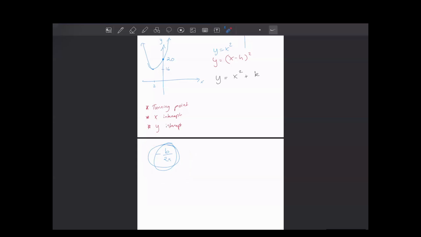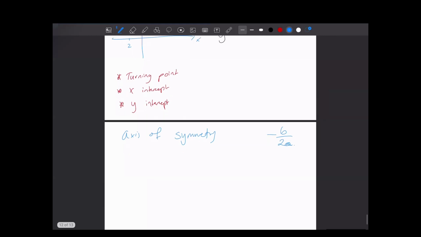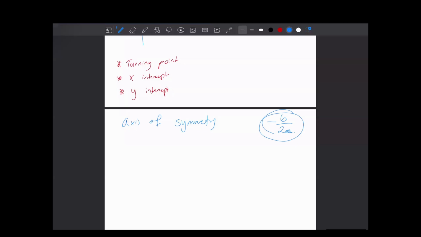In terms of why it's true, it's a bit tricky to explain without a little bit more knowledge of math and parabola and calculus stuff, but I can explain what it represents. So why don't you tell me first? So you mentioned this formula is sort of linked with axis of symmetry. Talk me through that. What do you think this represents?